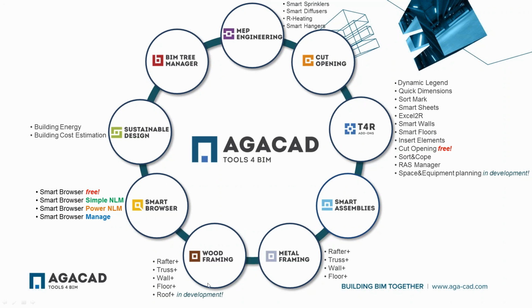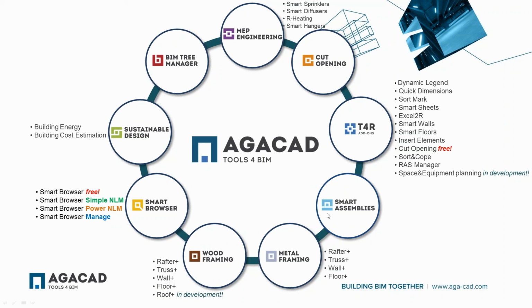Then we have solutions for wood framing, so we can quickly insert rafters, trusses, and walls and floors and so on. And the same for the metal framing, to model elements, to prepare drawings, and to export to CNC machines. Then we have smart assemblies. So smart assemblies works well with smart details because they have the same idea to have one main element and additional details inserted.